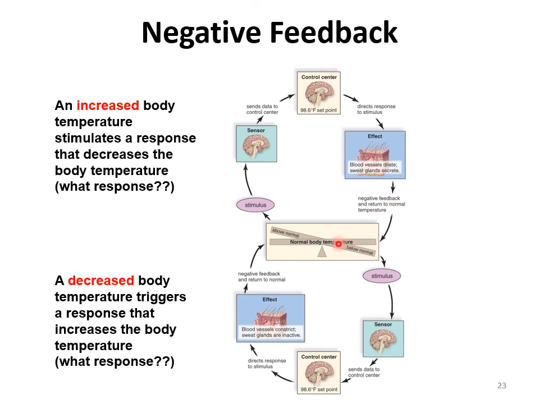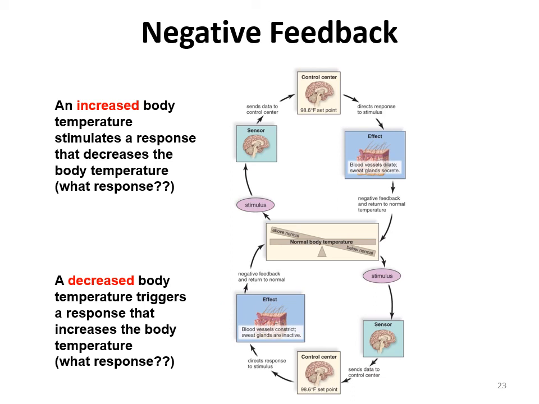And on the opposite side of things, which we didn't mention, if the temperature drops instead, well, in negative feedback, if the stimulus is a decrease in temperature, what will your body do in response? It will try to increase temperature because it's the opposite. So a decreased temperature will trigger your body trying to increase temperature. The way that it does that would be things like vasoconstriction.